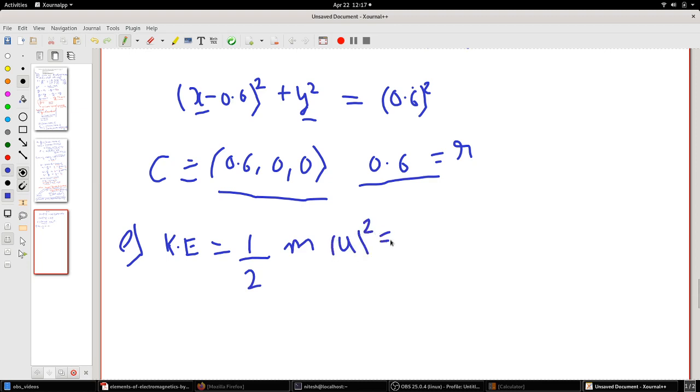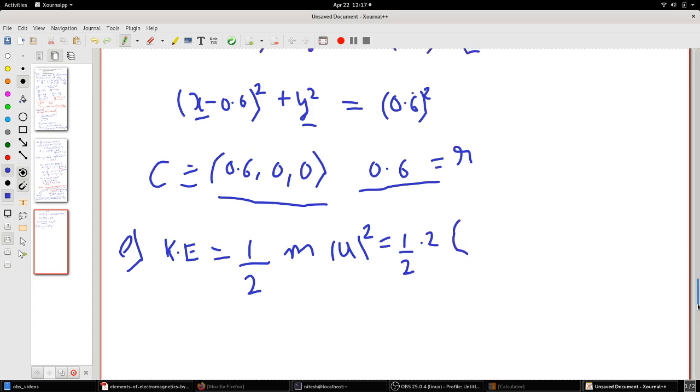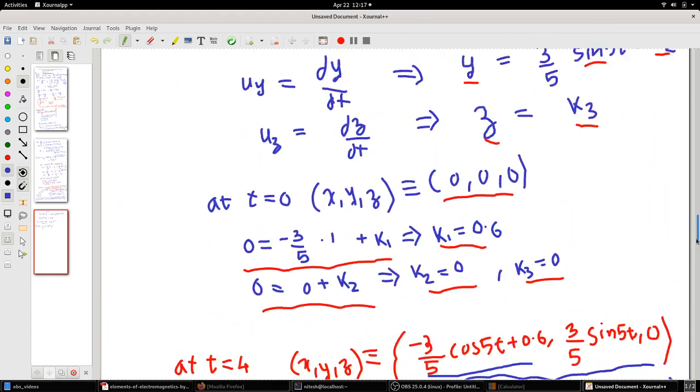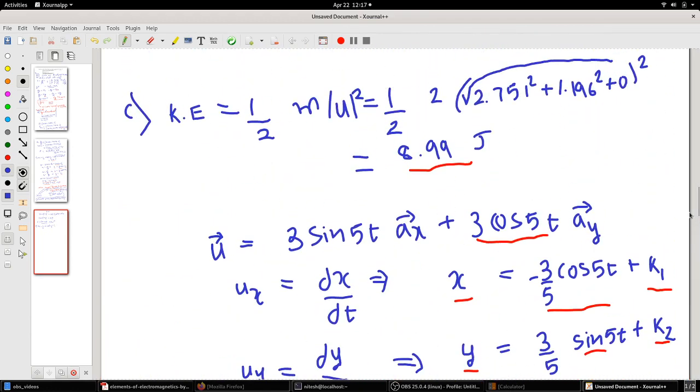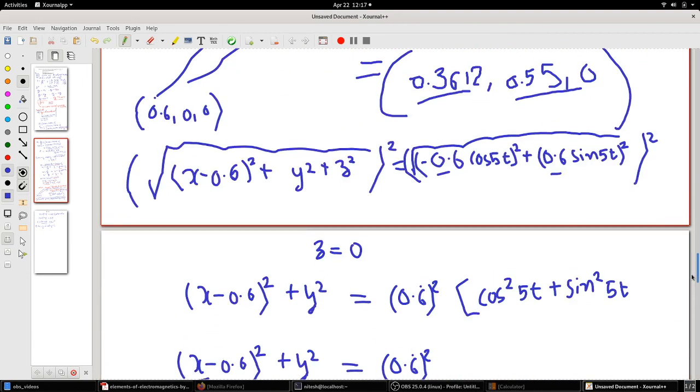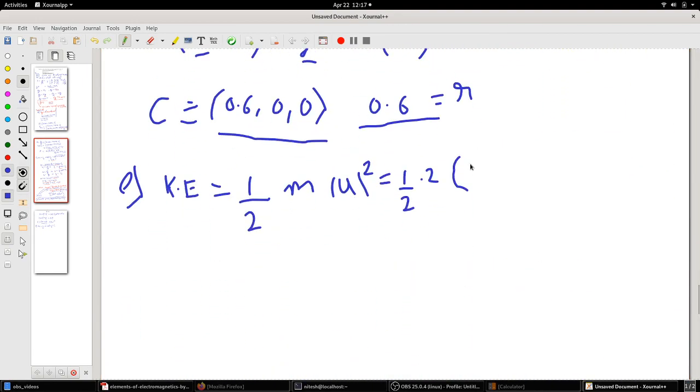At any given time, what is the general value of U? This is U, right? The coefficients here will be 3 sine square phi t plus 3 square sine square phi t plus 3 square cos square phi t. So this will be 9.